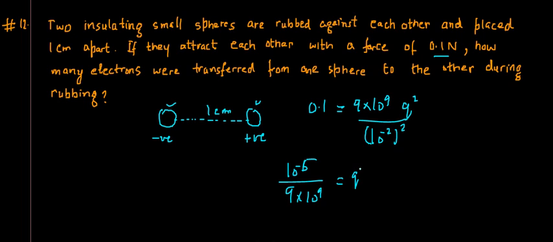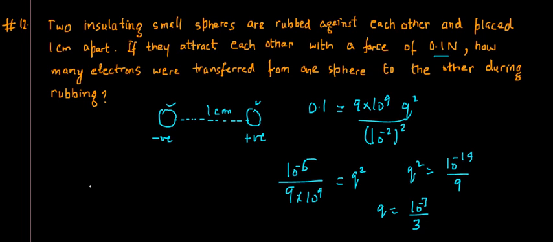That is your q squared, and that 10 to the power of 9 goes downstairs, so that is 10 to the power of minus 14. So you have q squared equal to 10 to the power of minus 14 divided by 9. When you take the square root, q is equal to 10 to the power of minus 7 divided by 3. Okay, so this is the amount of charge that is present on each sphere.